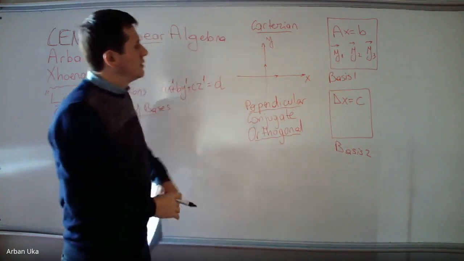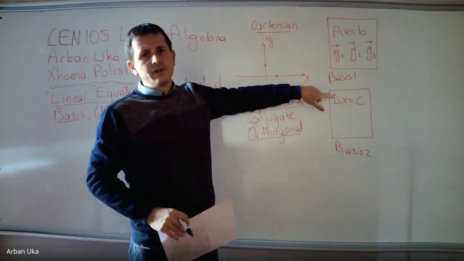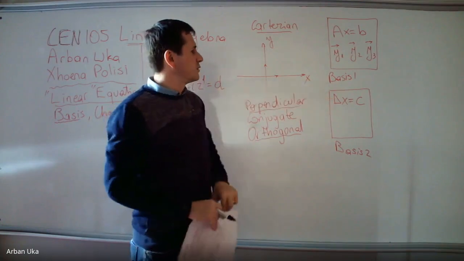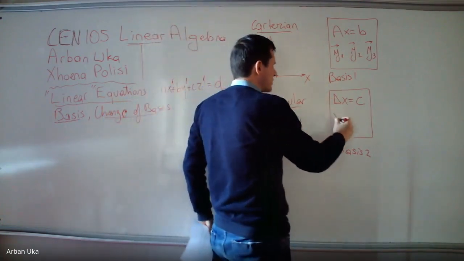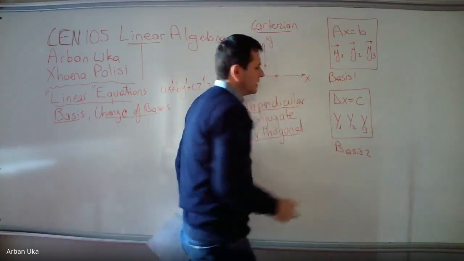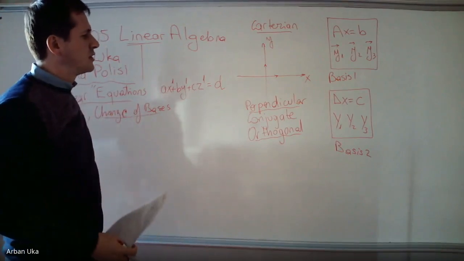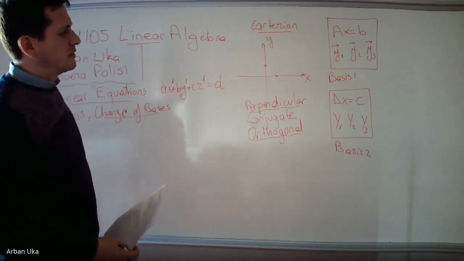So whatever we define here as Ax = b, we can reformulate into Dx = c. And now these vectors y1, y2, y3 can be redefined, and we write those as capital Y1, capital Y2, and capital Y3. And these are two different bases.